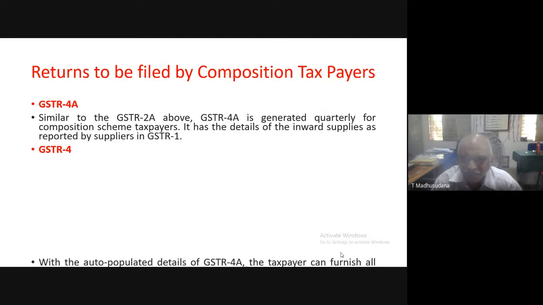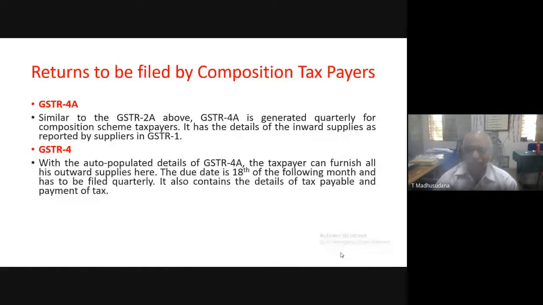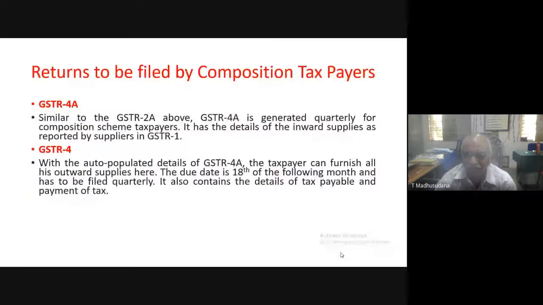Next, GSTR 4. With the auto-populated details of GSTR 4A, the taxpayer can furnish all his outward supplies here. The due date is 18th of the following month and it has to be filed quarterly.